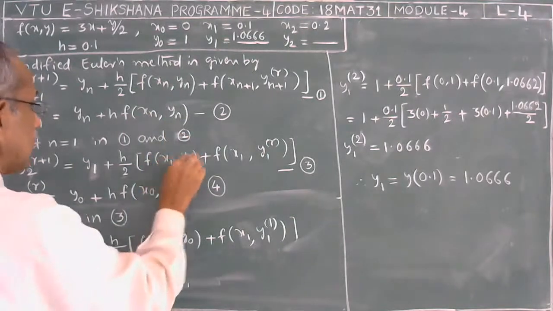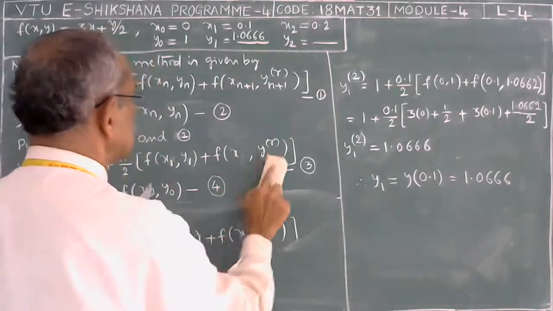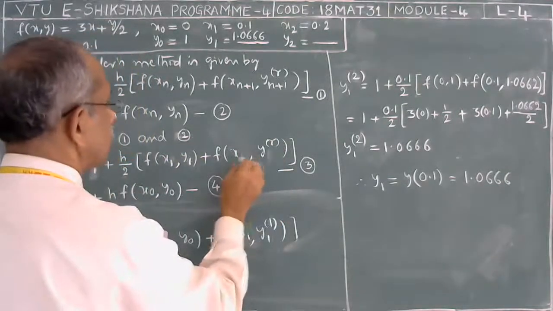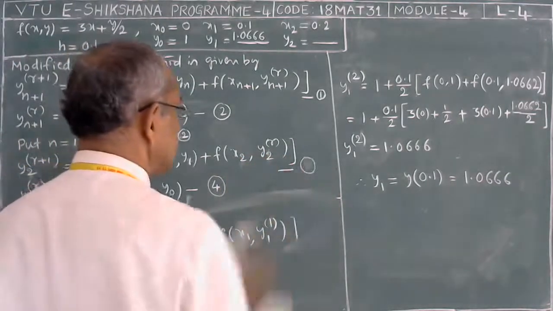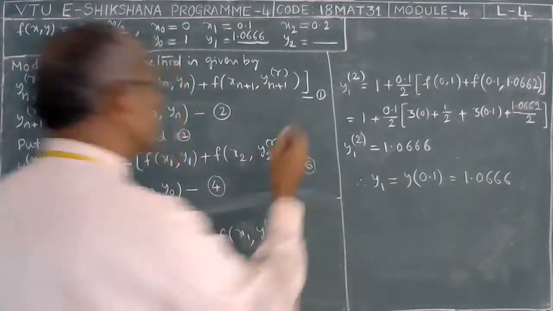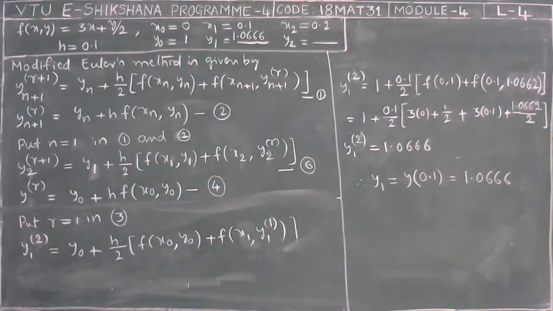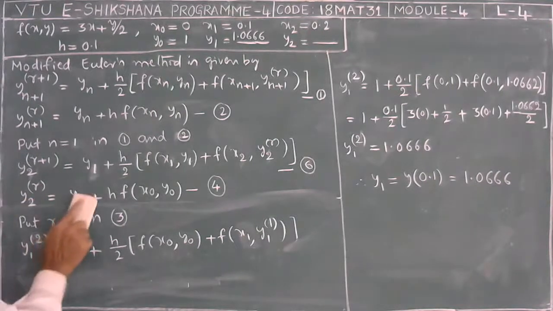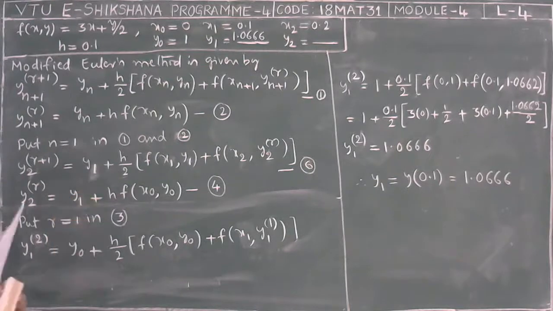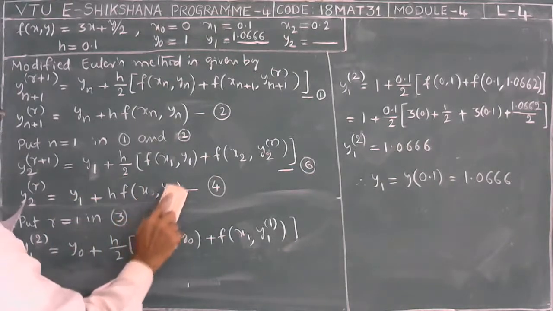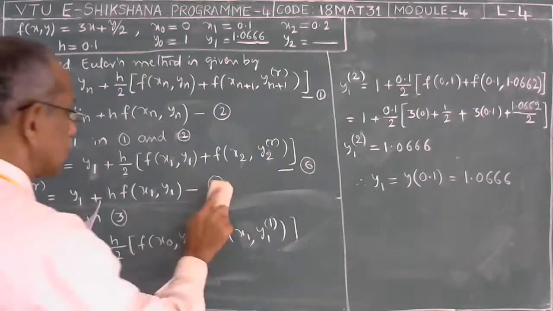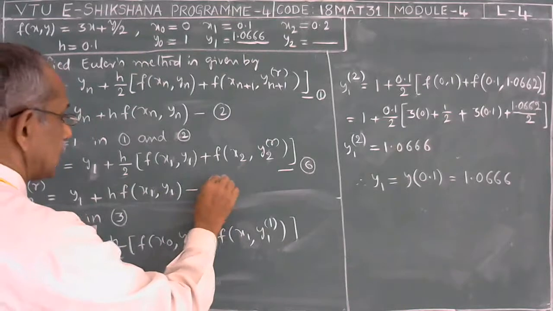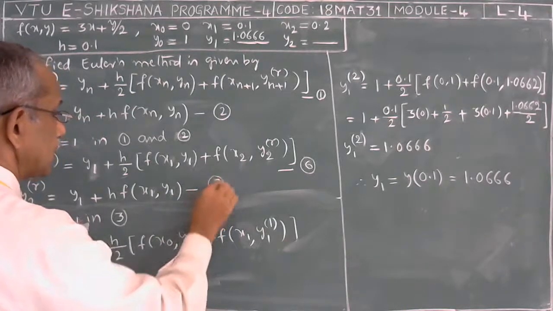We call this equation number 6. Then when n is 1, we get y2 0 in terms of y1 plus h into f of x1 comma y1. We call this equation number 7.